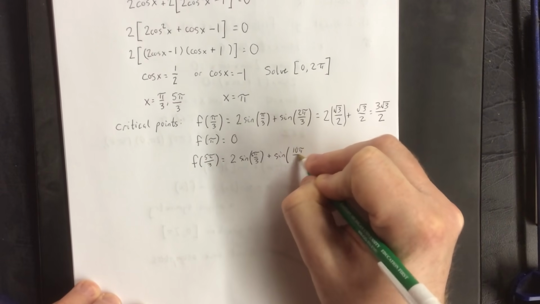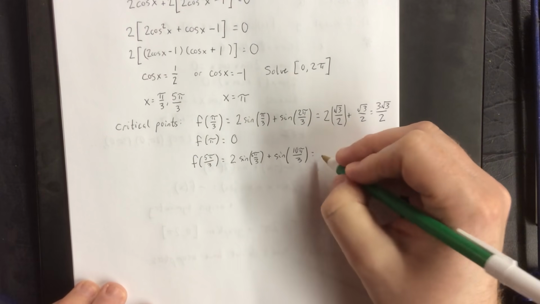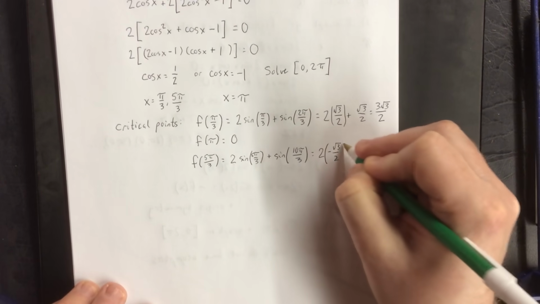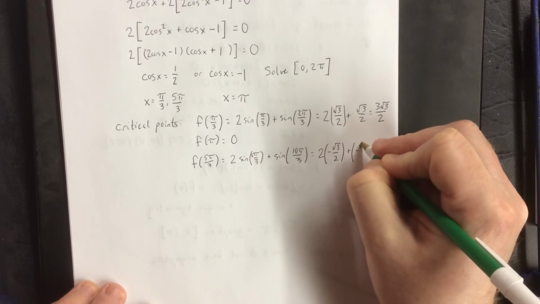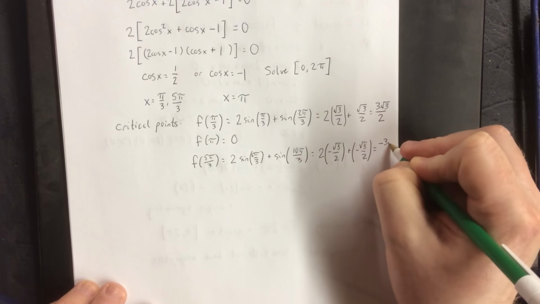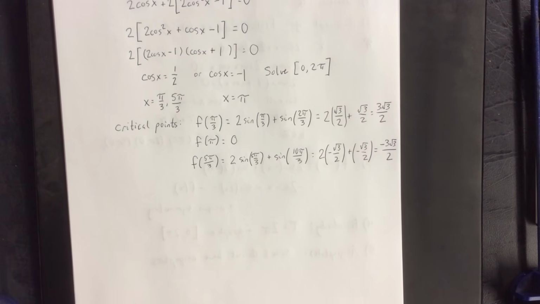That'll be 10 pi over 3. So 5 pi over 3 and 10 pi over 3 also have the same sine, and that is negative root 3 over 2. So similar to the calculation that we did at pi over 3, this will be negative 3 root 3 over 2. So those 3 will be the y values for our critical points.